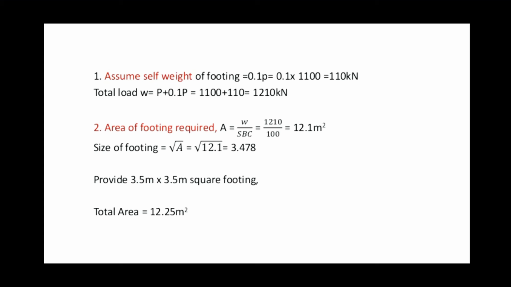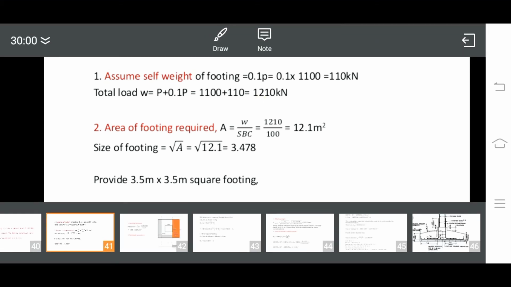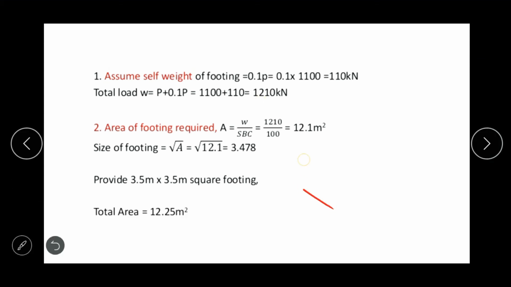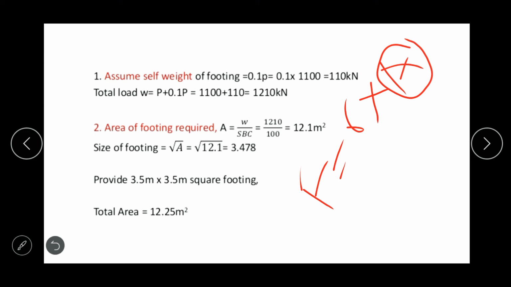So after getting the total load on the footing, we have to determine the area of the footing. All of you know that force is equal to stress into area. So in order to find the area, we have to take the ratio of force to stress or pressure.